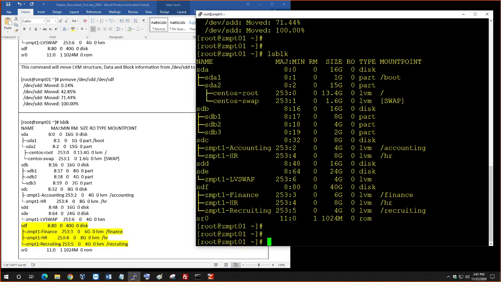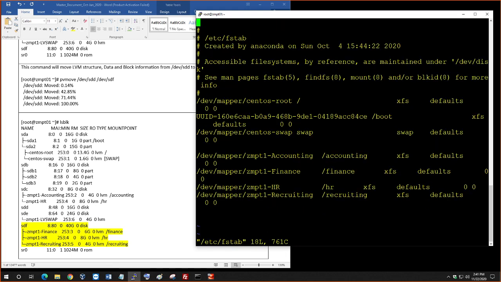Okay, so you didn't have to do anything. So let's go into /etc/fstab and see what happened in there. In /etc/fstab, there was no change made here because it's using the LVM /dev/mapper/zmpt1 and /dev/mapper/zmpt, so it's not using the /dev device names.